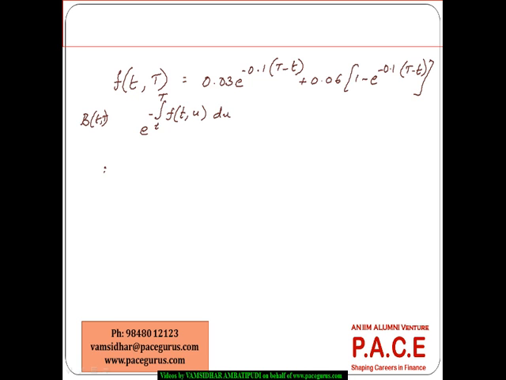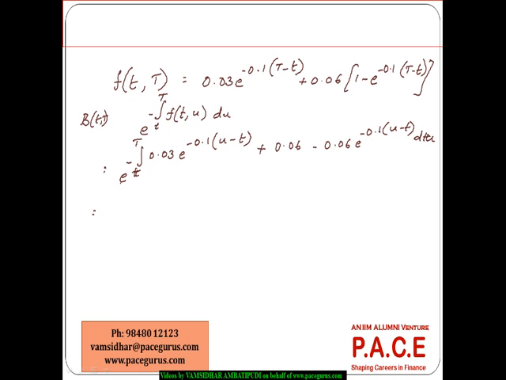Now the same logic I'll apply: e to the power of minus the integral between t and T of f of t comma u, which is 0.03 times e to the power of minus 0.1 (u minus t) plus 0.06 minus 0.06 times e to the power of minus 0.1 (u minus t) du.